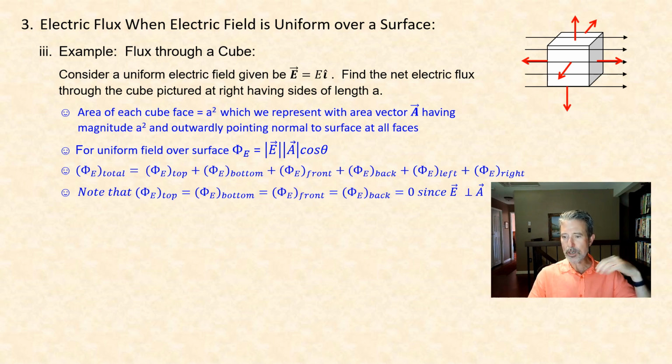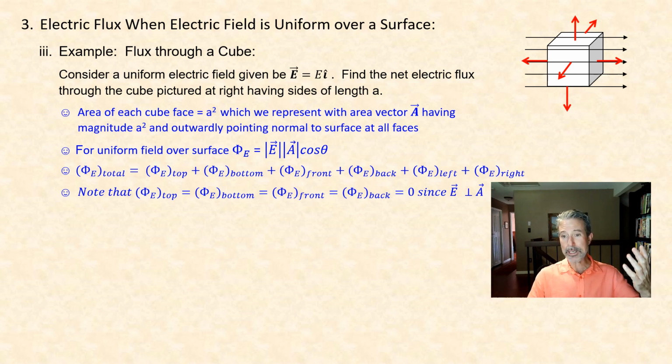Flux is a measure of the amount of field, the number of field lines penetrating a surface. When you look at the top surface, the bottom surface, the front surface, and the back surface, there are no field lines that penetrate those four sides of this cube, in which case the flux through those sides is all zero.